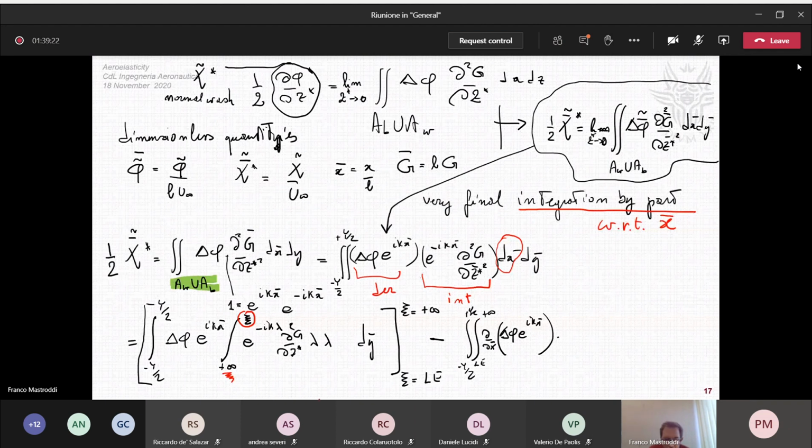Okay, I have the integral from plus infinite to x bar of e to the power minus ik lambda, dg, second derivative with respect to zeta star 2 times, and we have dx dy.